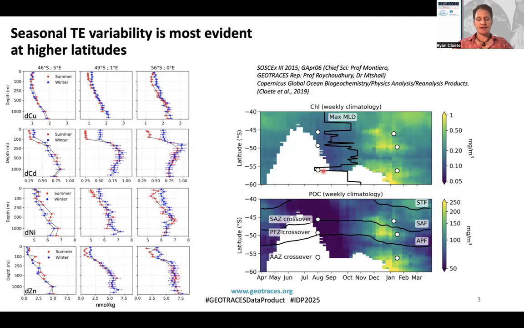And we can see that in the Antarctic zone, in winter, we've sampled really close to this maximum level of mixing, while in the summer, we sampled in a period of quite high productivity. So the idea here is this seasonal signal caused by entrainment, or what is the relative importance of entrainment versus biological uptake?